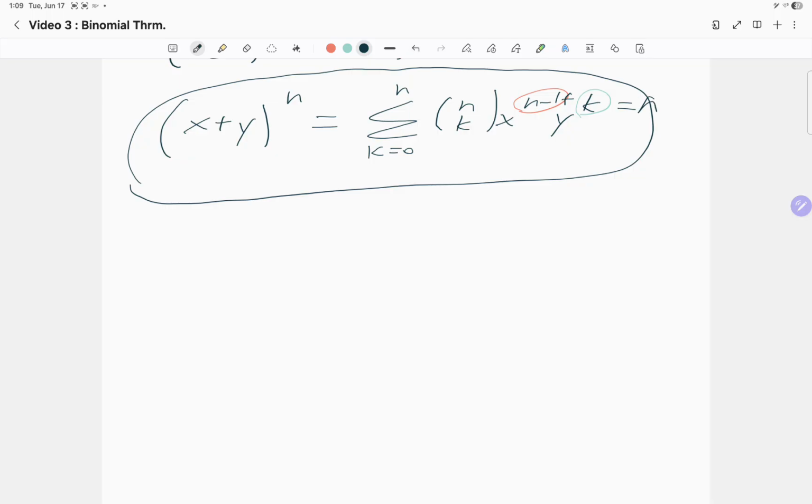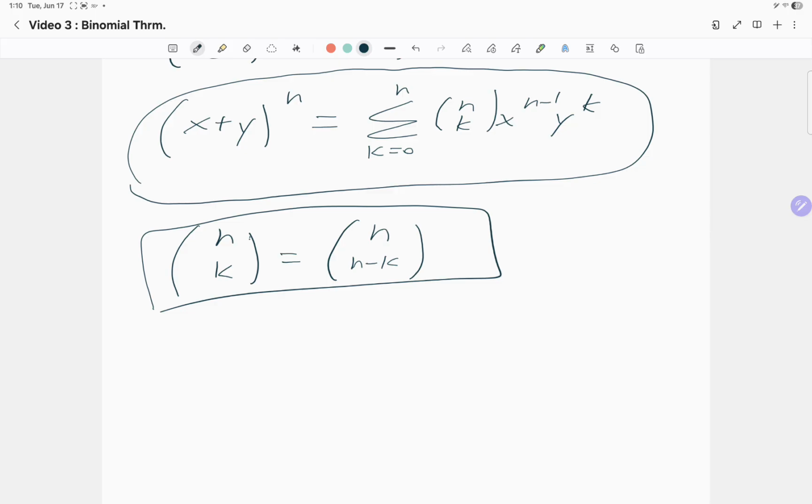That's going to stay true no matter what. That helps you keep track of where you're at and make sure you're not making any silly mistakes. Also, another fact that we'll make use of is that n choose k is equivalent to n choose n minus k.